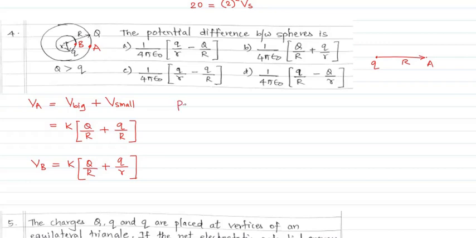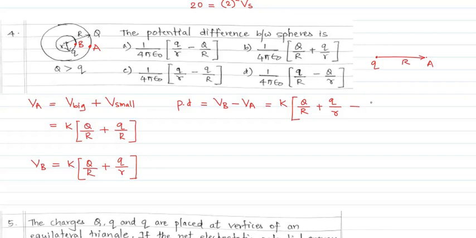So if you now calculate, potential difference is equal to VB minus VA. Again you will have K common among both. K I will take outside. So VB is Q by capital R plus small q by small r, minus VA.